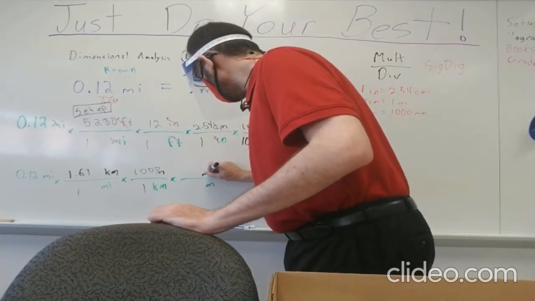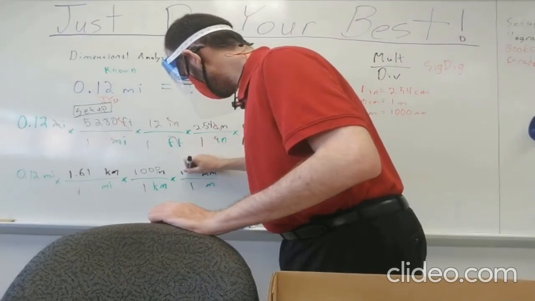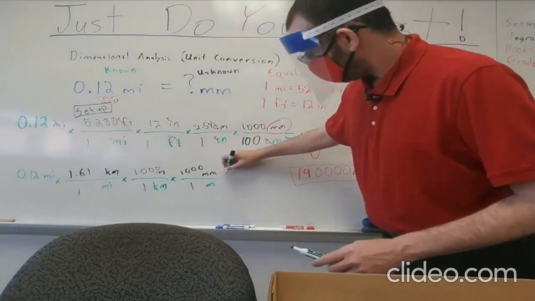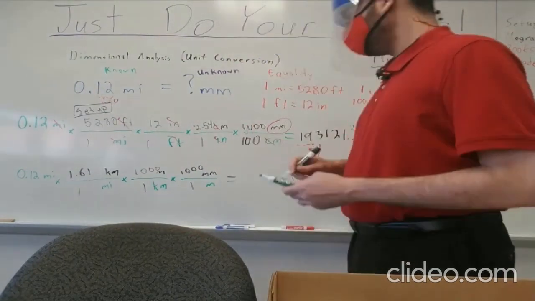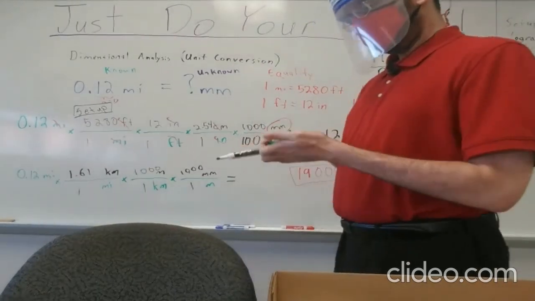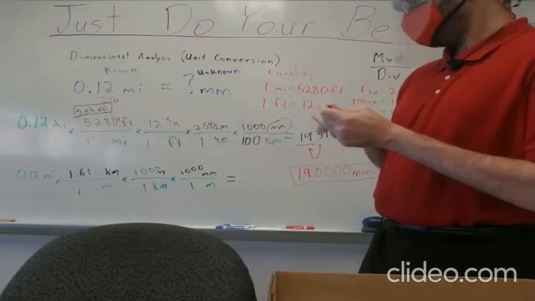So for every 1 meter, there is 1,000 millimeters. And as you see there, I'm done. That's it. All right. And now I'm going to go get my raw answer. So before, where I needed 5 steps, this second time I only needed 3.